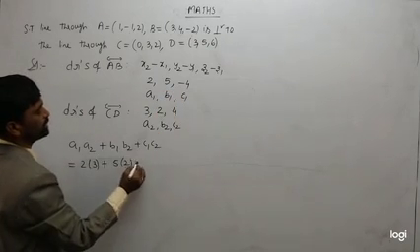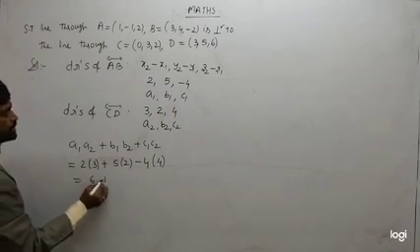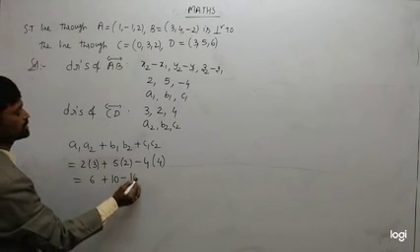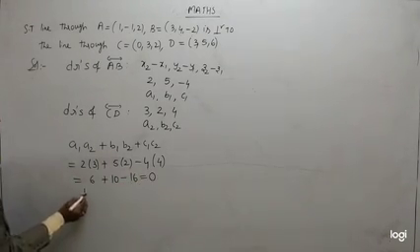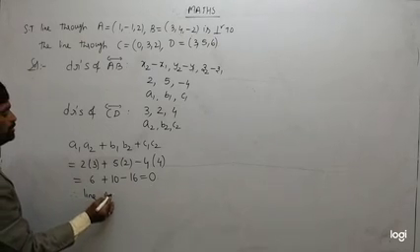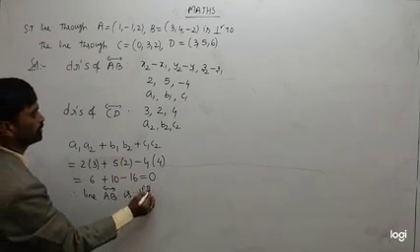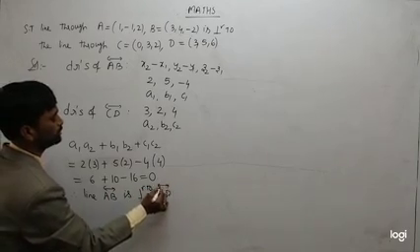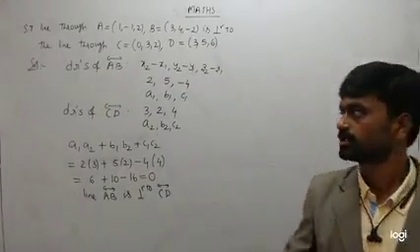C1 value how much? Minus 4 into 4. So 6 plus 10 minus 16. So 16 minus 16, what do you get? 0. Therefore, the line AB is perpendicular to the line CD. Over. Okay, next question.